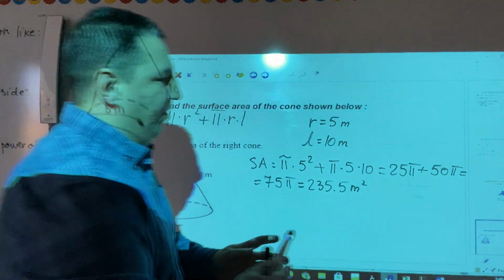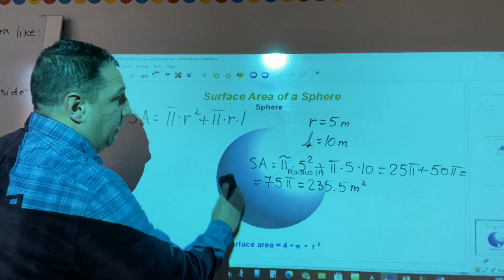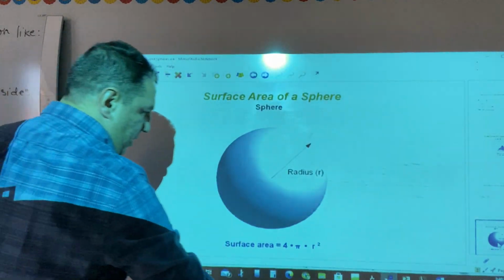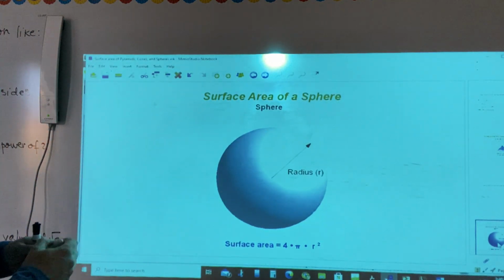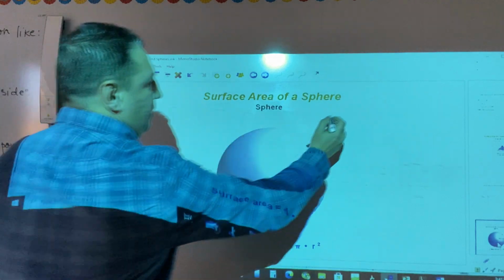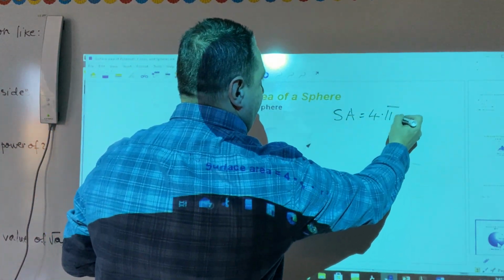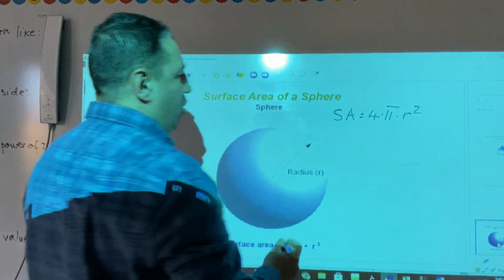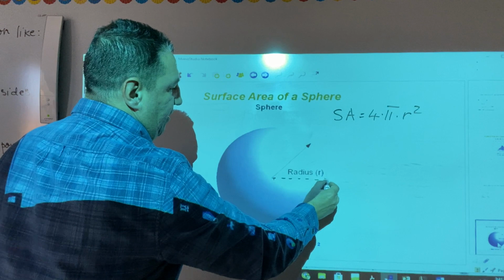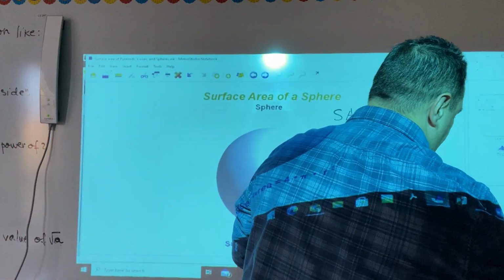Good? And the last one, a sphere. So the surface area of a sphere, right? I'll write it for you here, is 4 times pi times r squared, where r is the radius of the sphere, right? And let's have an example.